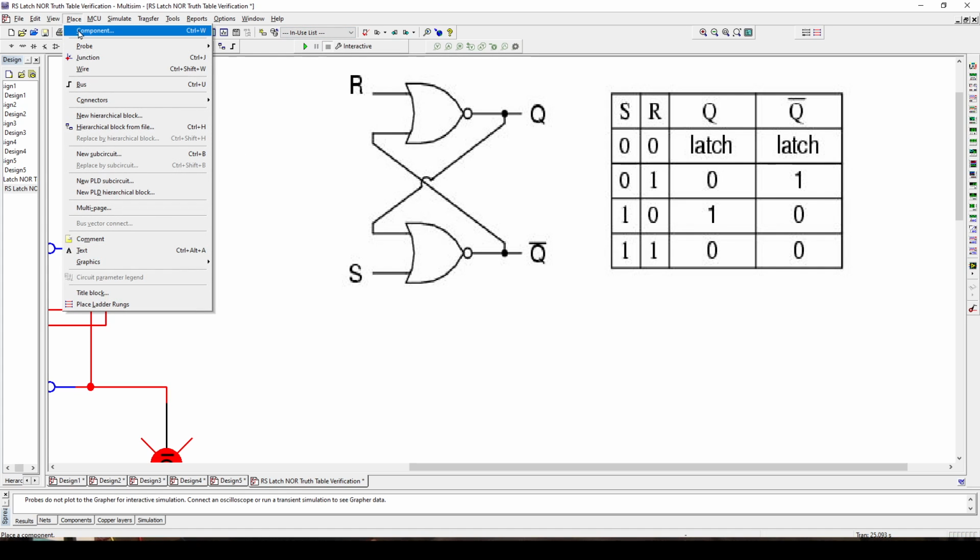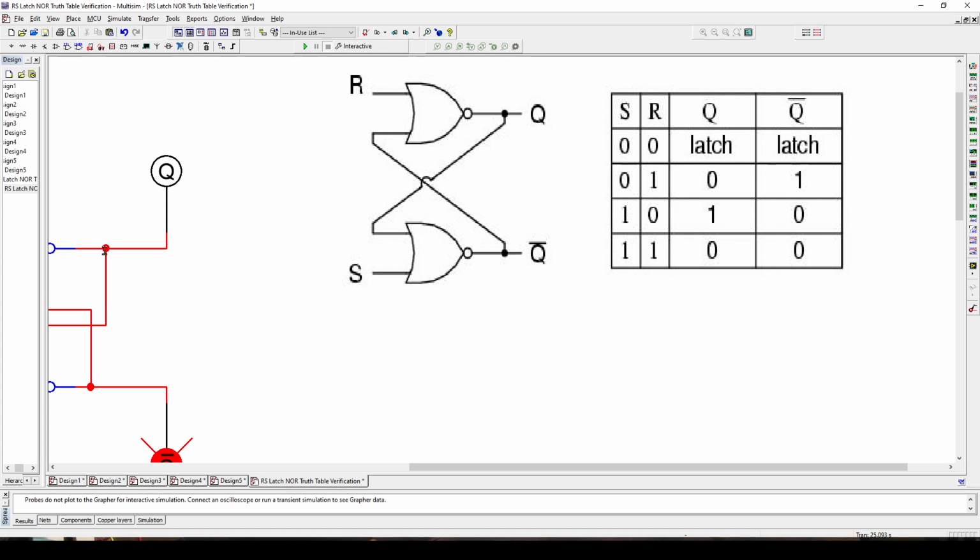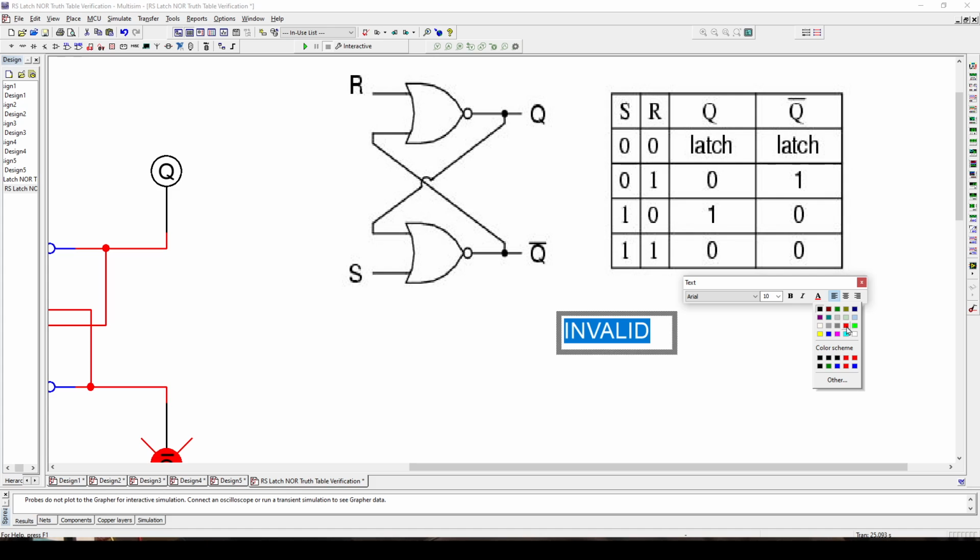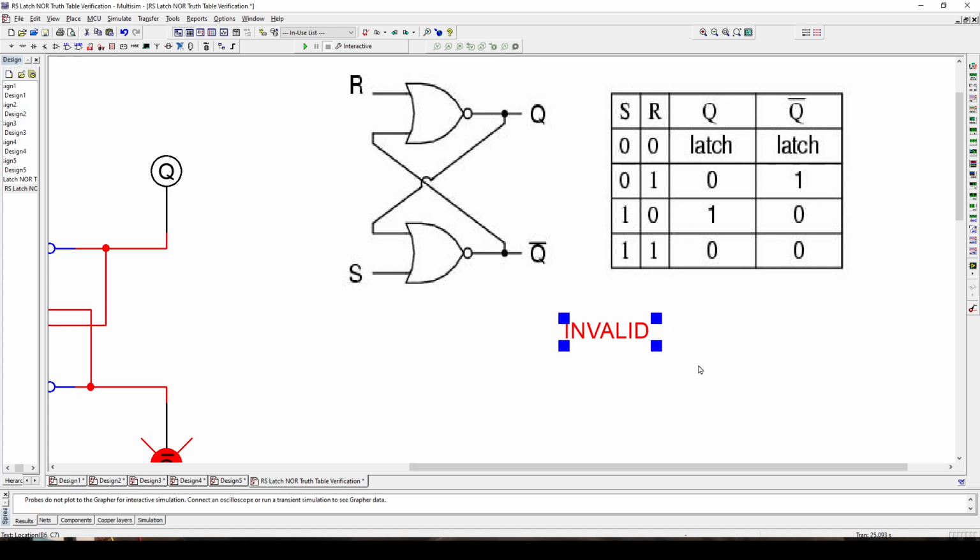I'm going to place text, and that is going to be an invalid situation right here. And can we make this thing red? Yes, we can. Let's make it bold and red and place it right here. Okay, so this is an invalid situation.